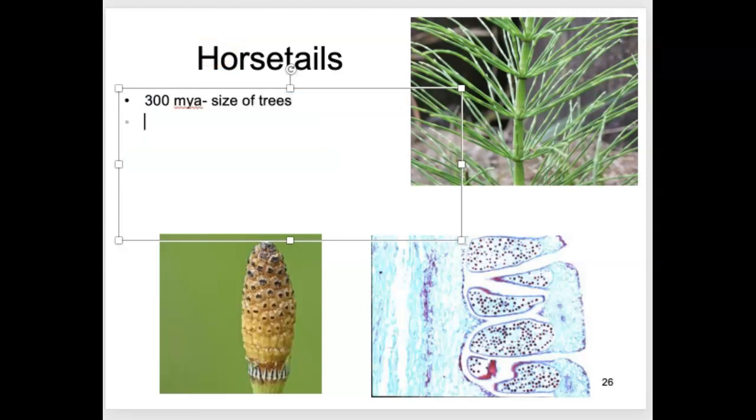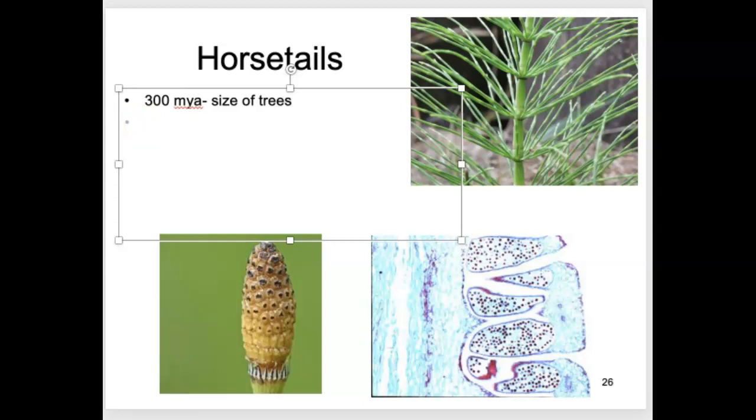The difference is they were the size of trees. These things were massive, 100, 150 feet tall. Huge plants 300 million years ago. The major evolutionary change is that they just got smaller. They're still out there, and they're still fairly similar to what they looked like back then, except a lot smaller.